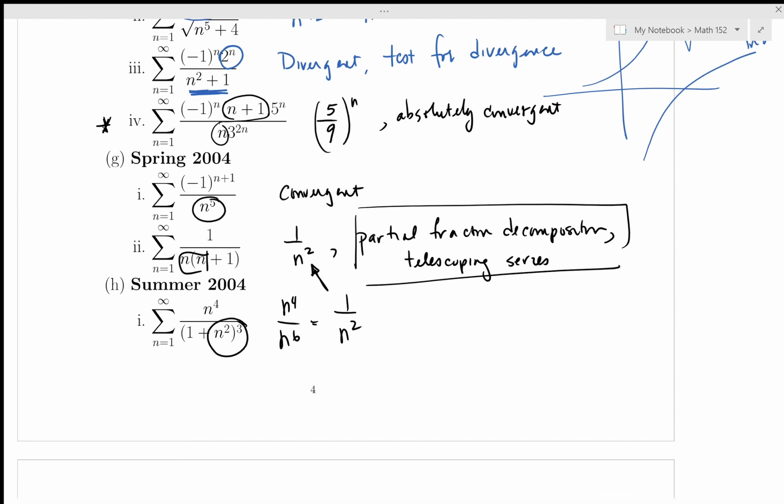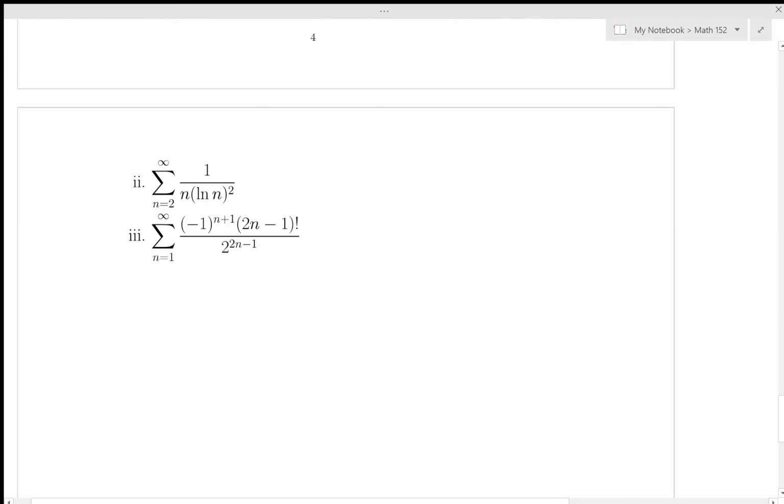Okay, so the basic thing is to quickly come to what looks like the basic growth rate of the thing, and then use that information to quickly do the analysis. Okay, next one. This one's harder, right? Because I look at this and I'm like, it could potentially look a little bit like 1 over n, and then it's not just 1 over n.